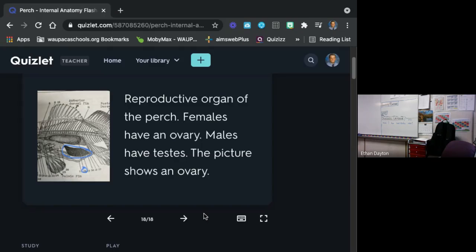Remember, if you'd like to do the external, that's all extra credit. So if you remember all the names of those fins and you want to get them going, you can be doing that, absolutely. Just write them on the fish or point to them on the fish.